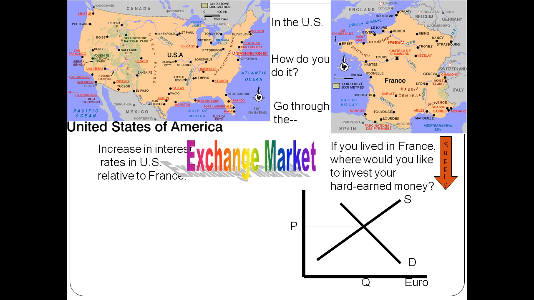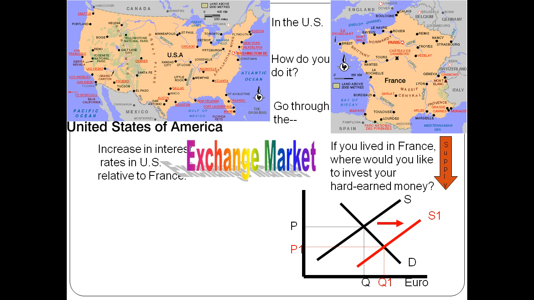So now what's going to happen is the French are supplying their euros. So there's an increase in the supply of the euro. So the supply curve shifts to the right from S to S1. Now we have a new equilibrium where S1 meets D. And you can see we have a new price level P1 and a new quantity of euros Q1.